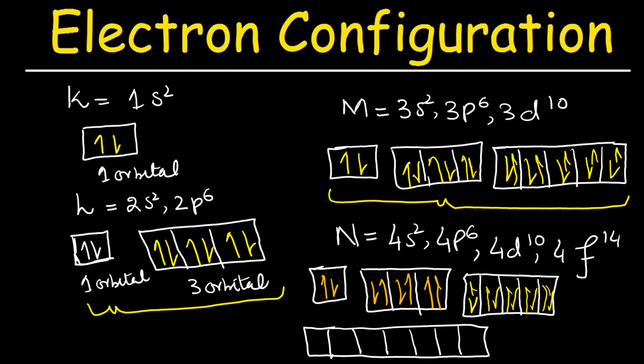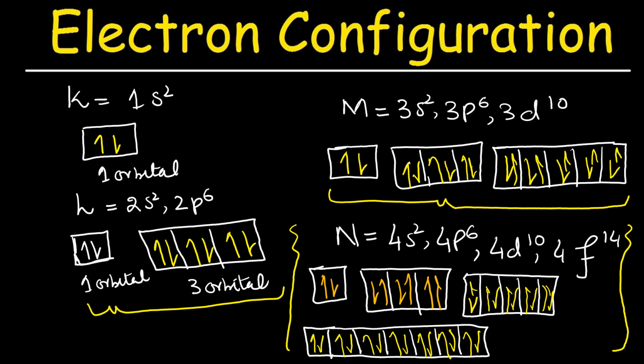These orbitals will have electrons in spin up and spin down state, spin up, spin down, and so on in each orbital. So in this way, the sub-energy levels are basically filled inside the shell of an atom.